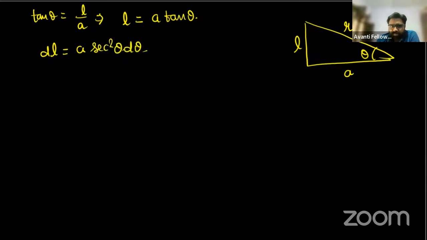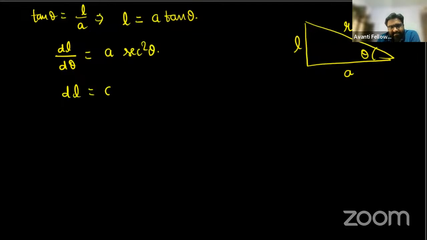Do not worry if you have a problem with how I derived this expression. Just differentiate L with respect to theta as you do with respect to x and y. So dl by d theta is A, which is constant and taken out, times sec square theta. Now dl you can write as A sec square theta d theta.